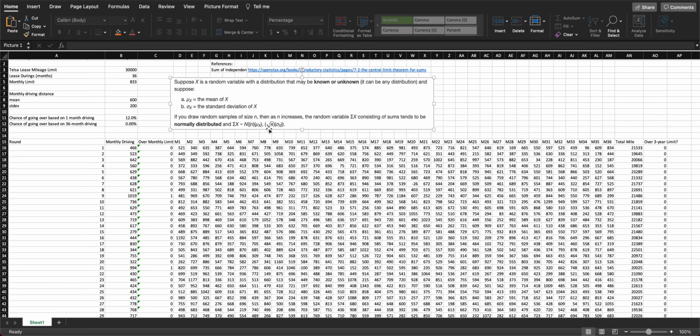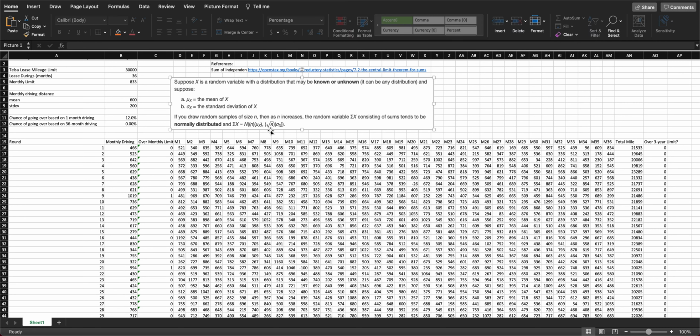But look at the standard deviation. The standard deviation is the square root of n. In other words, the square root of 36 is 6, so it's 6 times your monthly standard deviation. Even though your mean is 36 times as large, your standard deviation does not increase proportionally. In fact, it only increases by the square root of 36, 6 times.